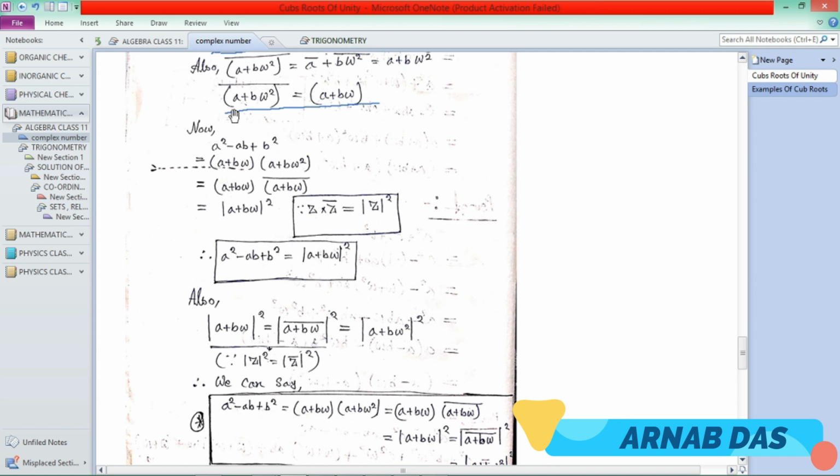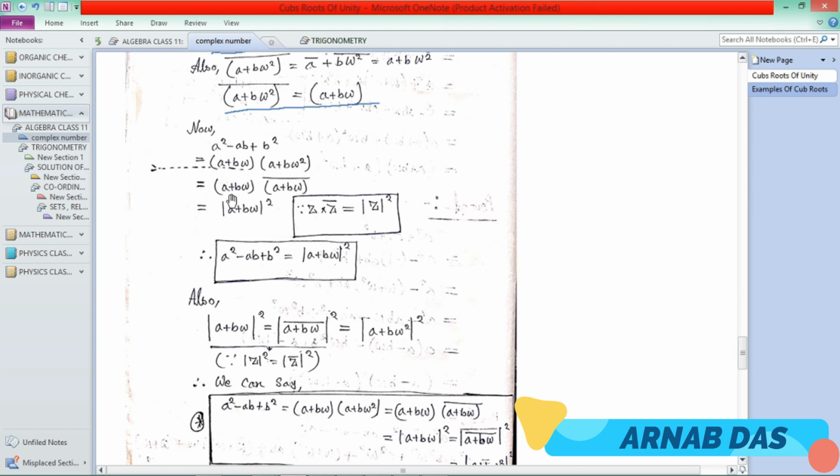These are two complex numbers, and we also know that z into z bar equals mod of z square.